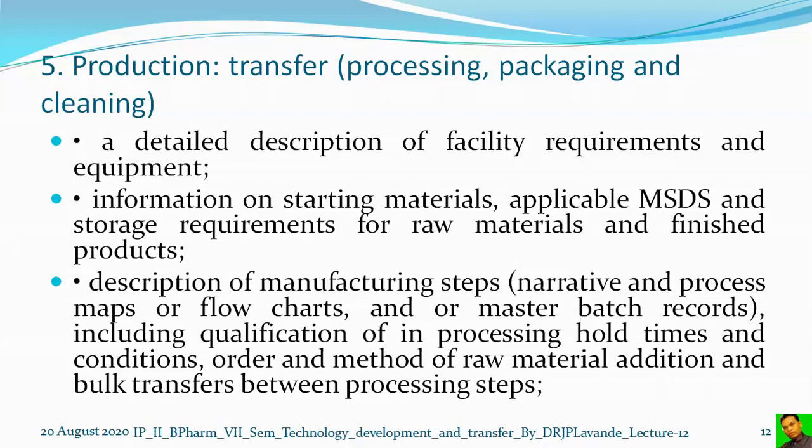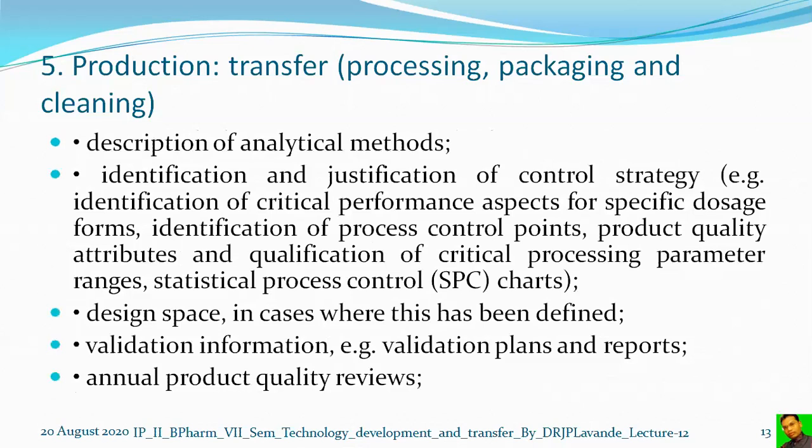The description of manufacturing steps, narrative and process maps or flow charts and/or master batch records, including qualification of in-process hold times and conditions, order and method of raw material addition and bulk transfer between processing steps. A description of analytical method, identification and justification of control strategy.